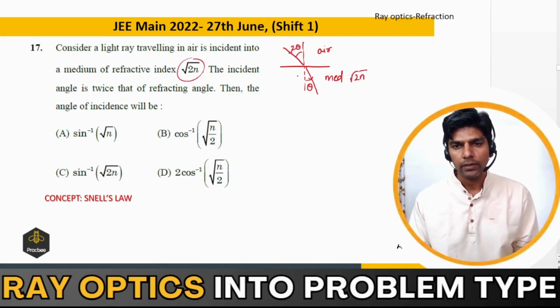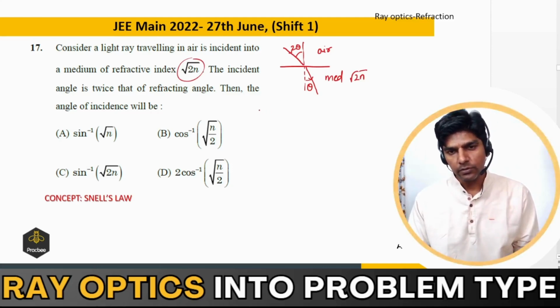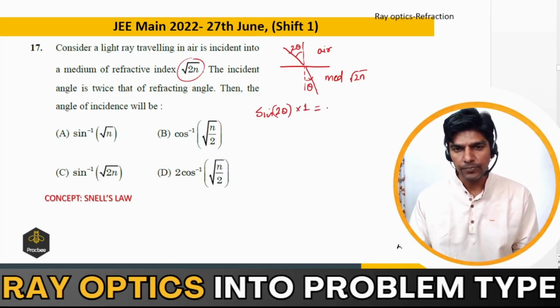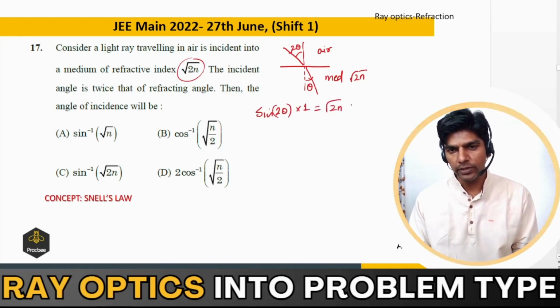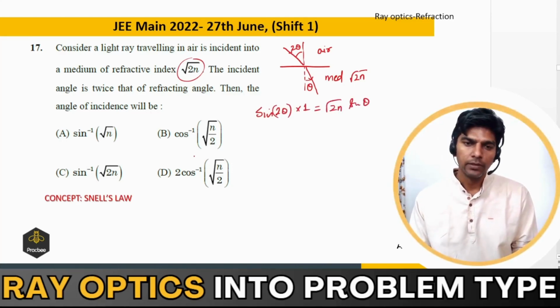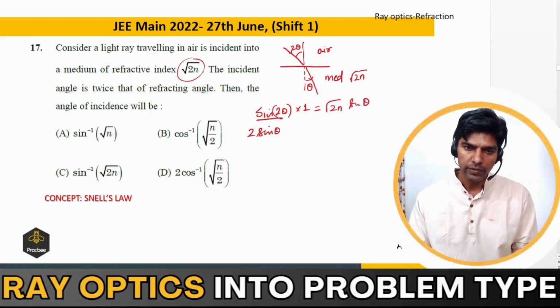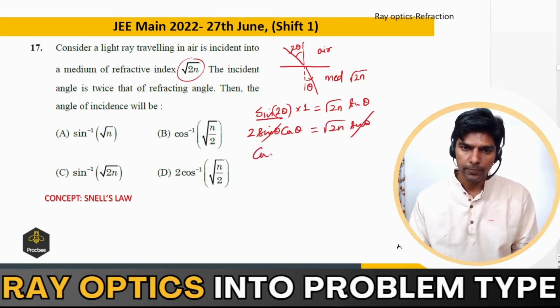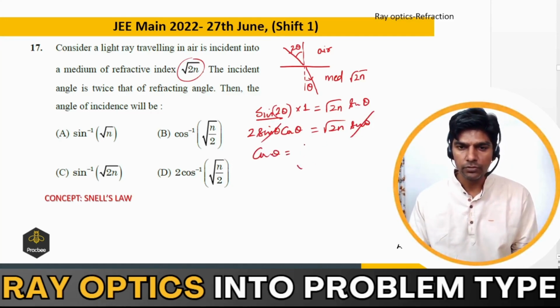Root 2n. So if we apply Snell's law, sine of 2 theta times 1, the refractive index of air, is equals to root 2n times sine of theta. So if we simplify this, the left hand side will be 2 sine theta cos theta. I have used the identity of sine 2 theta. So this sine theta will get eliminated. So cos theta will be nothing but root 2n upon 2, which is root of n by 2.